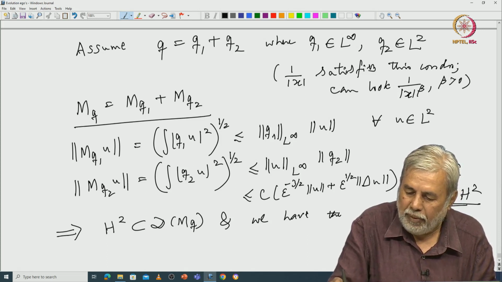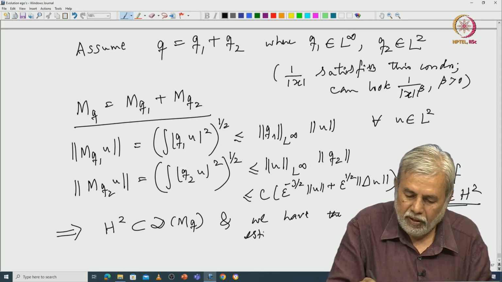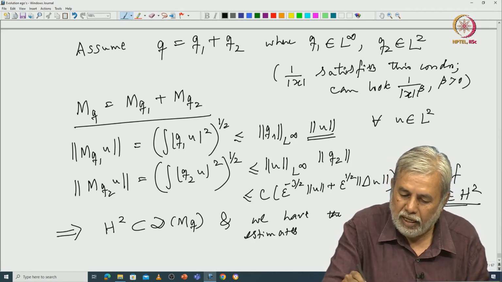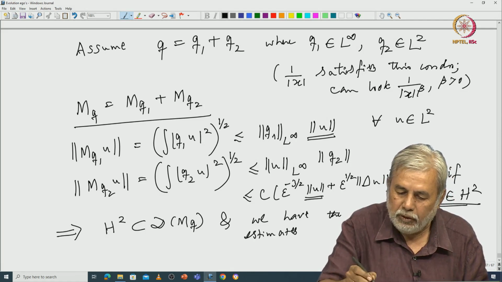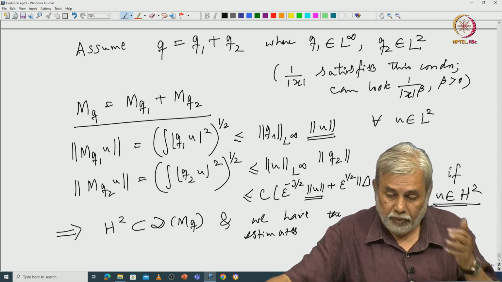So, let us combine them, we have the above estimates. By combining, you see you get the L2 norm here and there is an L2 norm here. So, we can combine that, and there is the L2 norm of the Laplacian.